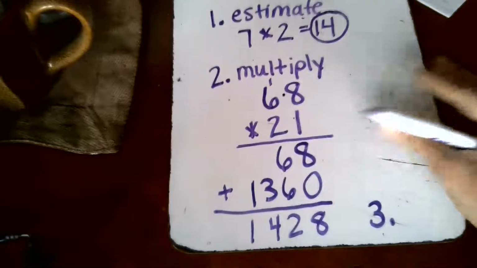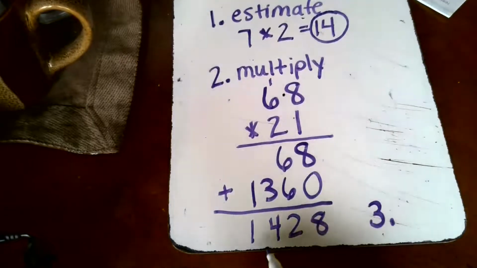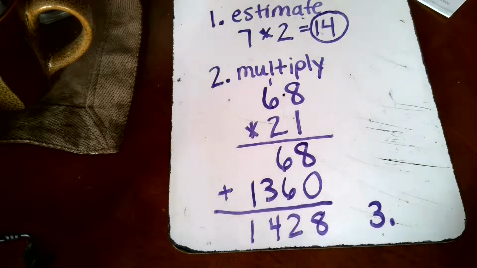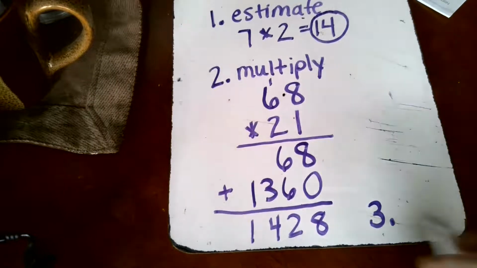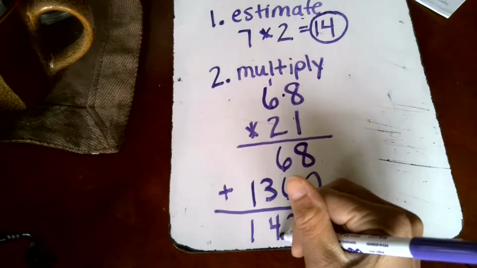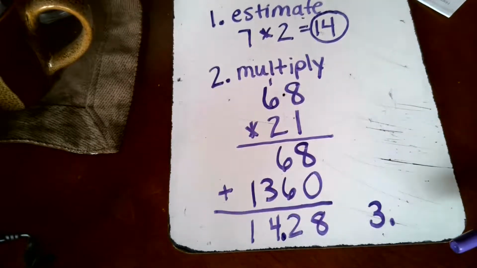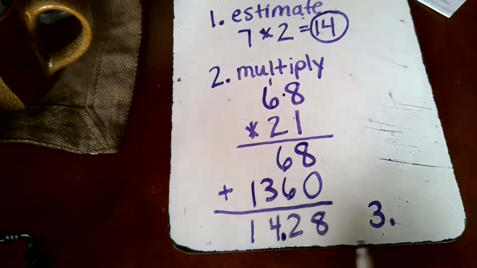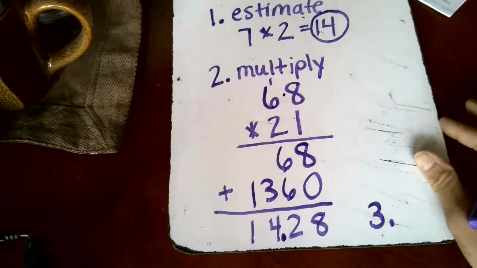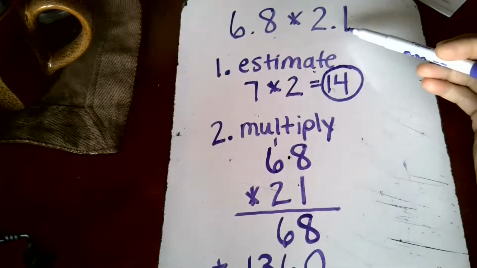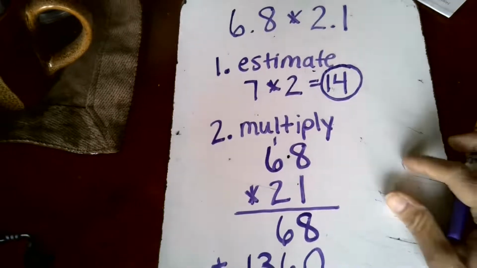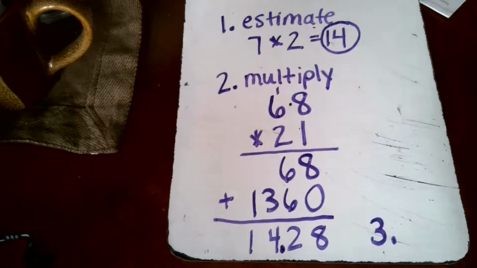So I'm going to put the decimal point somewhere within these numbers so that it's close to 14. I'm going to put the decimal point right here. So the correct answer, if you were to do this on a calculator, is 14.28. So 6 and 8/10 times 2 and 1/10 is 14.28. You can now multiply decimals and get the actual correct answer.